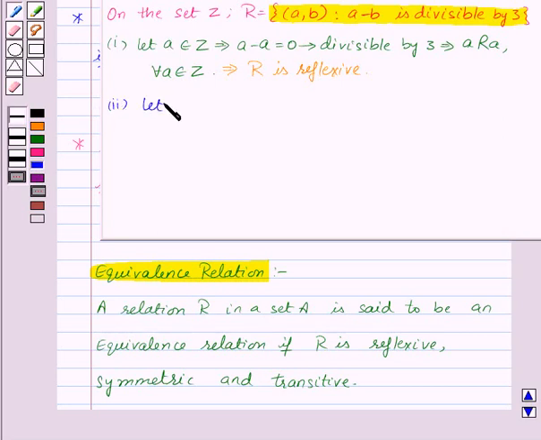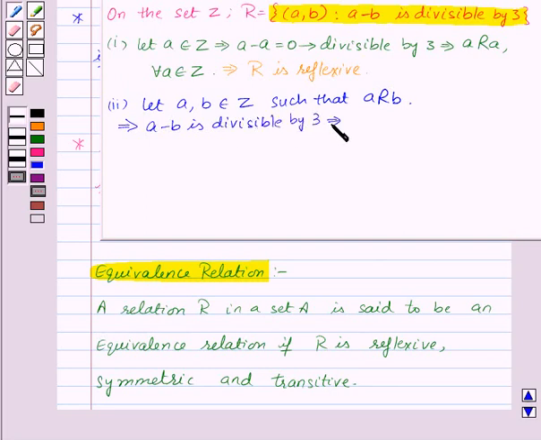So, let a, b belong to Z such that a is related to b. So, this implies a minus b is divisible by 3. That means minus of (a minus b) is also divisible by 3.